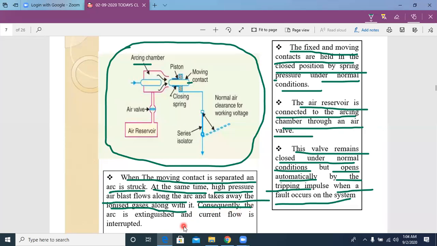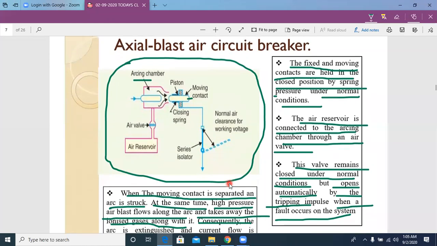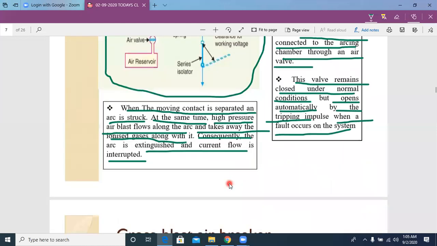So it has the capability to extinguish the arc, and the current flow is interrupted. Students, this is how the axial blast air circuit breaker works when a fault happens.